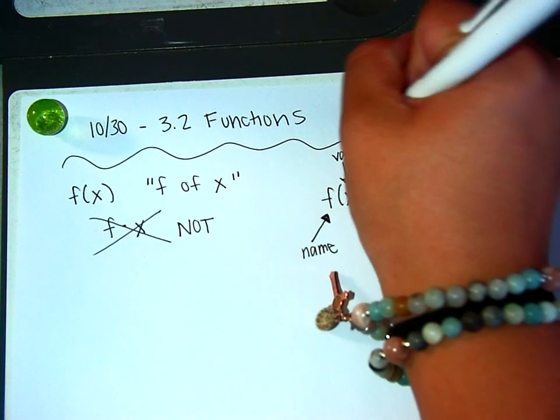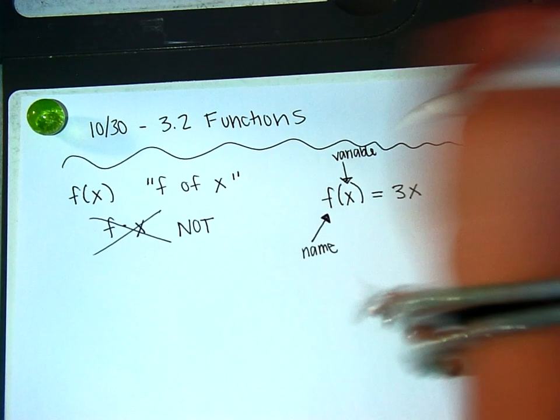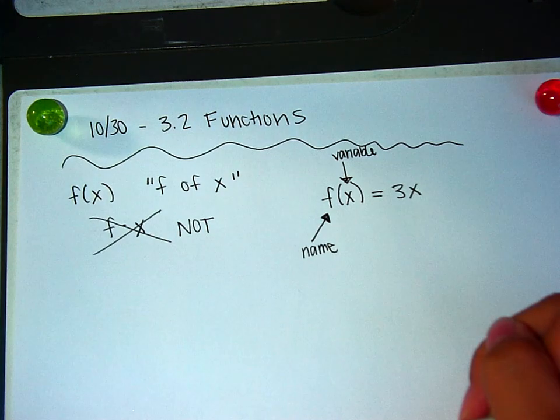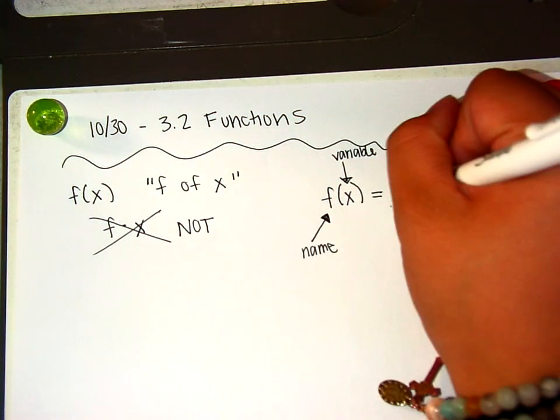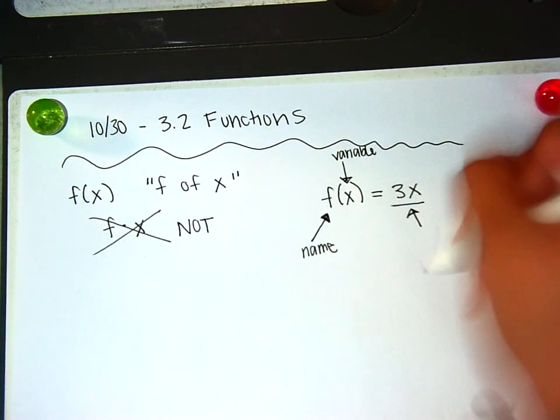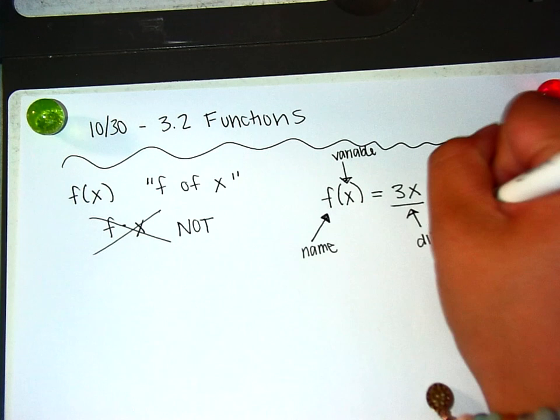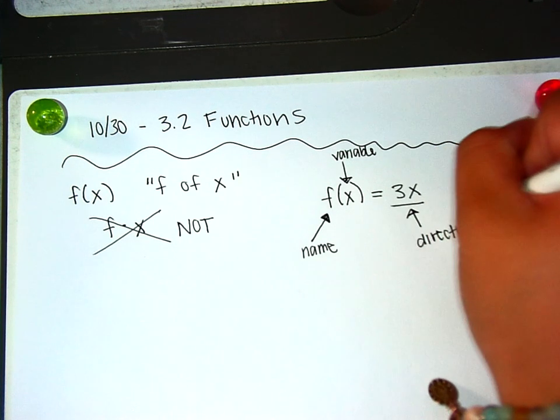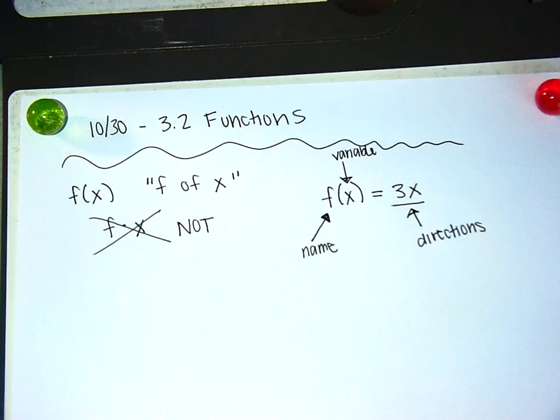It's going to be the number that you're going to be plugging in. And this 3x over here, that is the directions. It's telling you what you need to do to solve the equation.